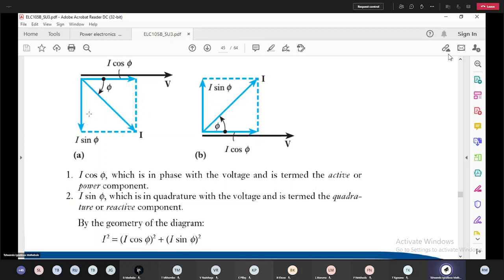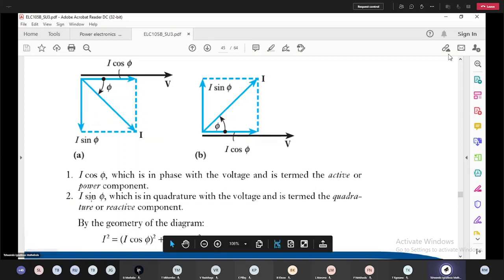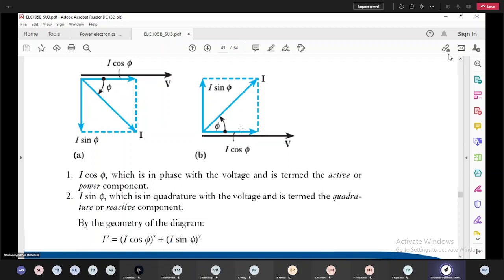And I also have got I sine theta, like so, which we call the quadrature or the reactive component. So this will be for the RL circuit, and this will be for the RC circuit. And the same is true. So this will be the active component, and this will be the reactive component.